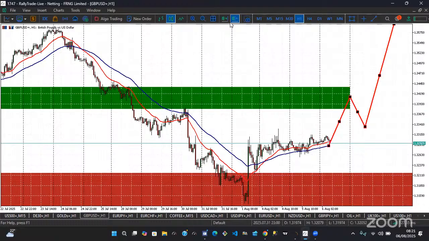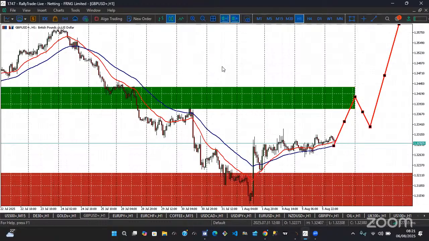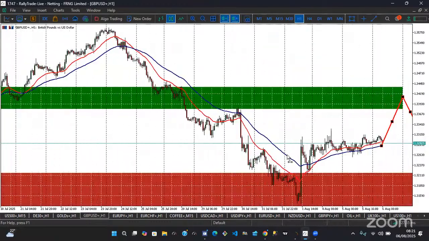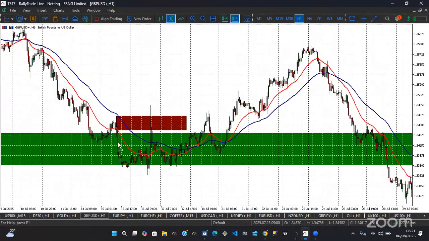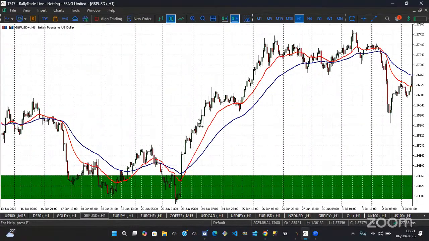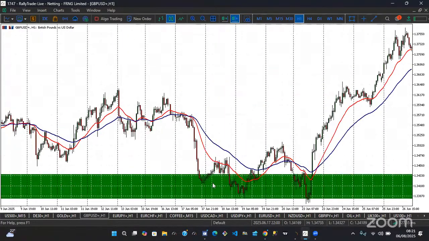So examples of periods like that, you see things like this. Let me go back to where price is. So an example is this downward movement, although not as massive as the one we're looking at currently.